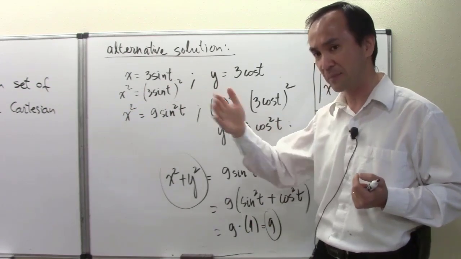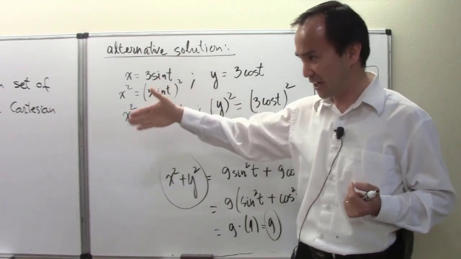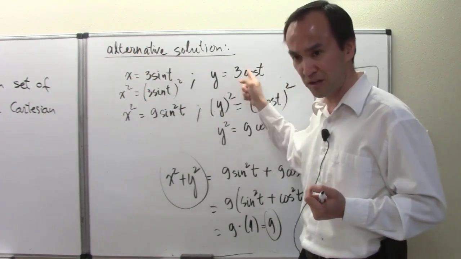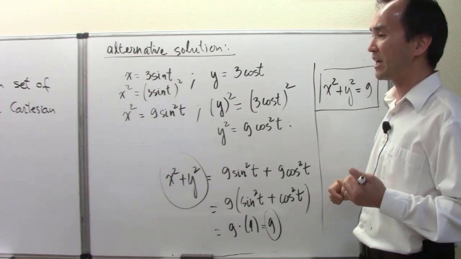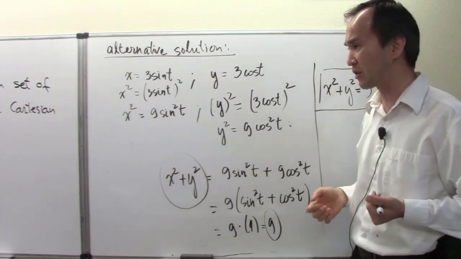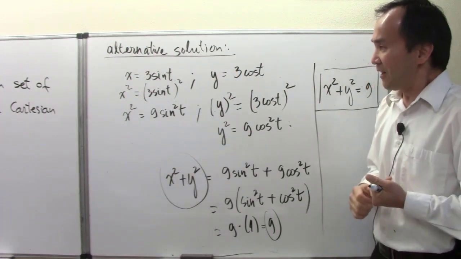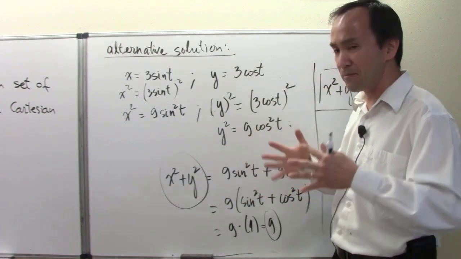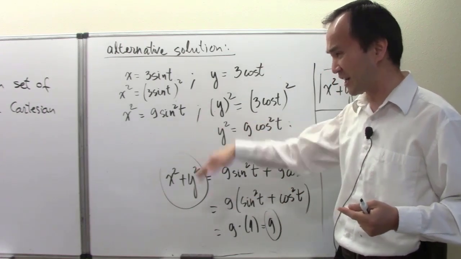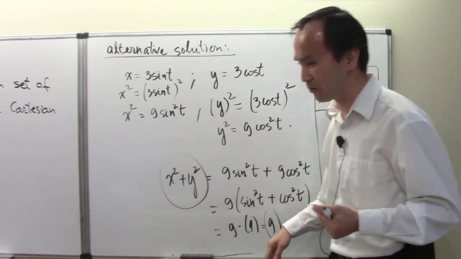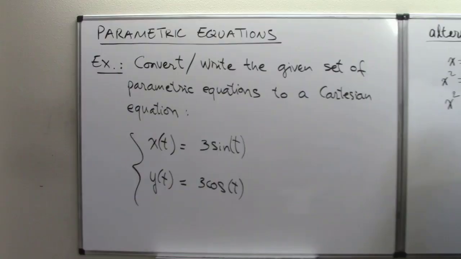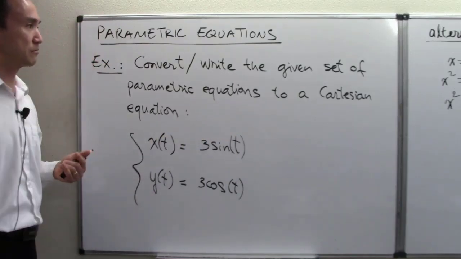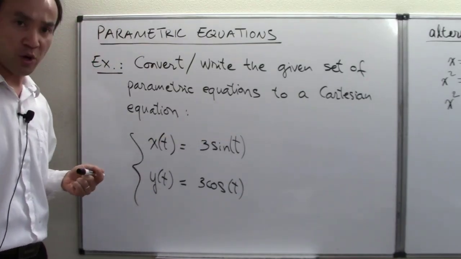But as you advance to Calc 1 and Calc 2 and eventually Calc 3, you will see this kind of parametric equation a lot. That's why I want to keep building up those experiences for you. It's impossible to cover all examples out there, so I decided to be done with this kind of example, where in the end we're just converting from parametric equations down to a set of Cartesian equations.